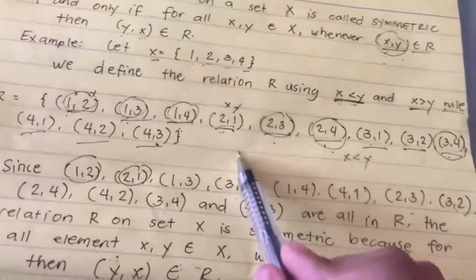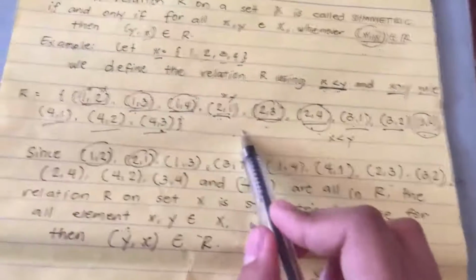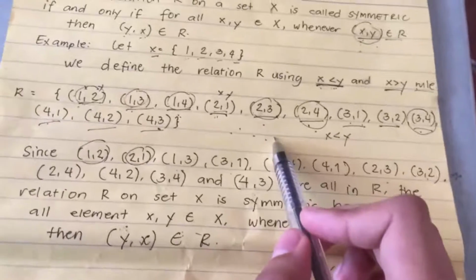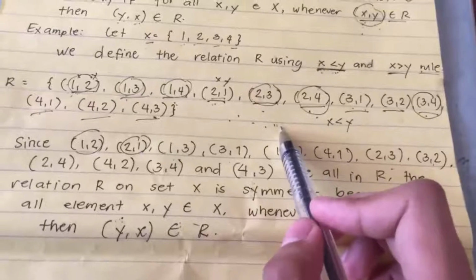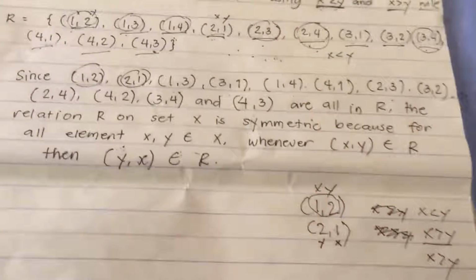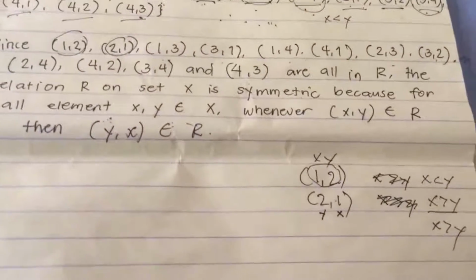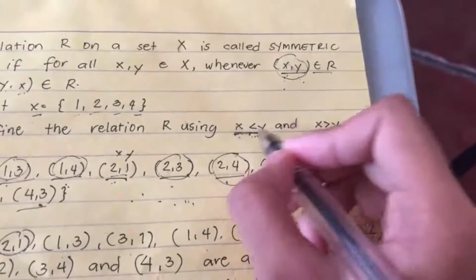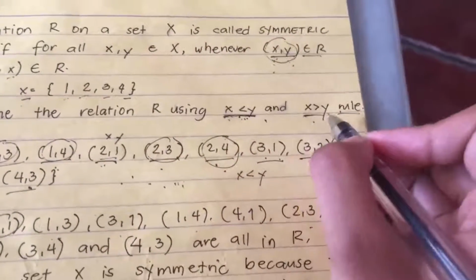Then this relation undeniably uses the symmetric property of relation. So we just have to remember that the symmetric property uses the rules x is less than y and x is greater than y.